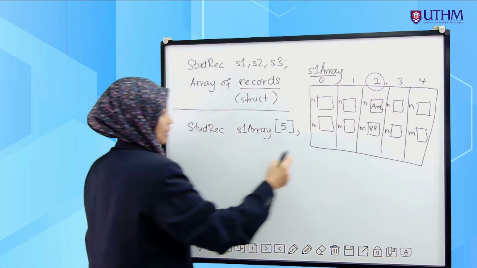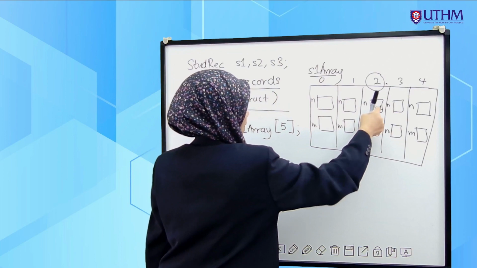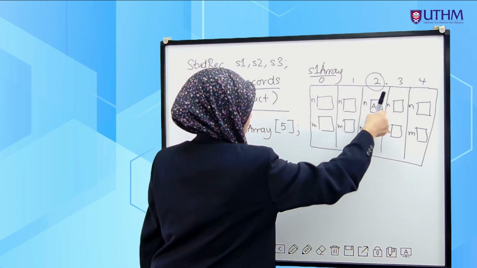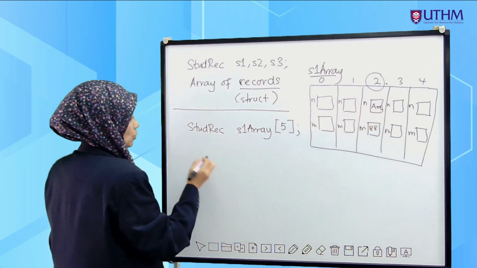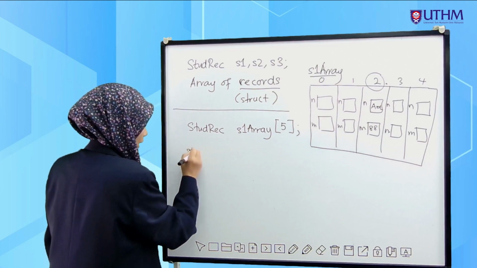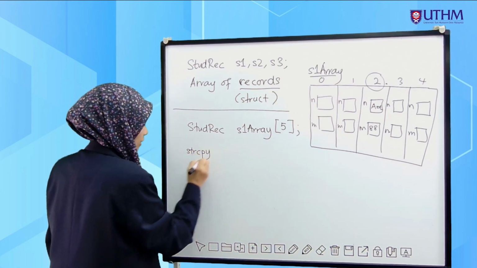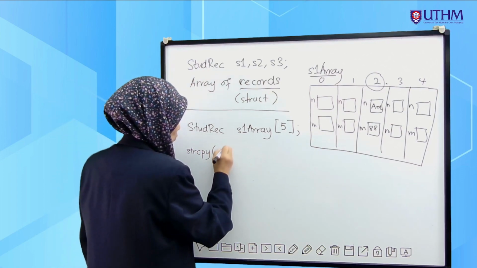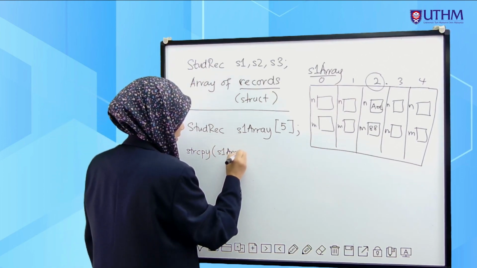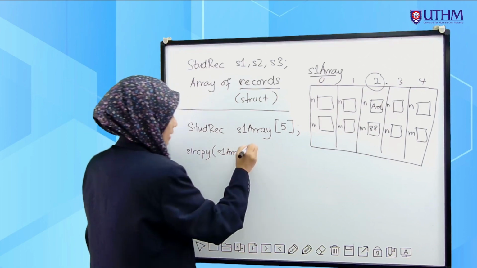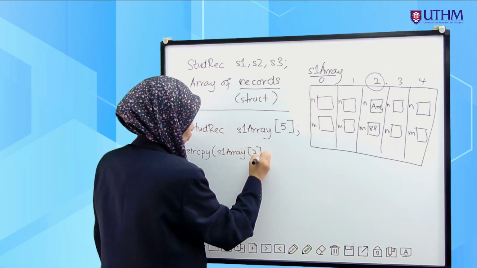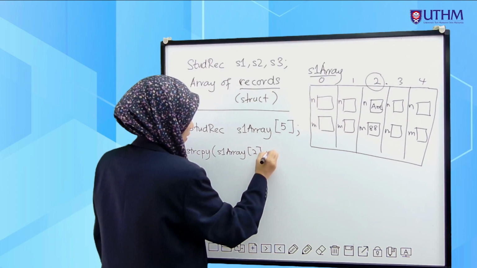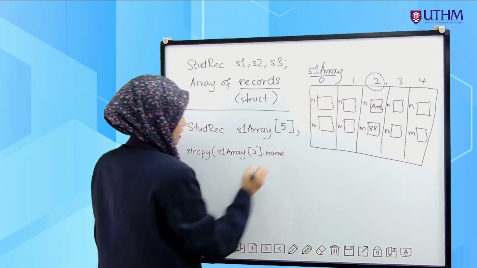For example, I want to copy Azah to the destination at index 2. So again, I have the string copy function. The destination is S1 array index 2 dot name.